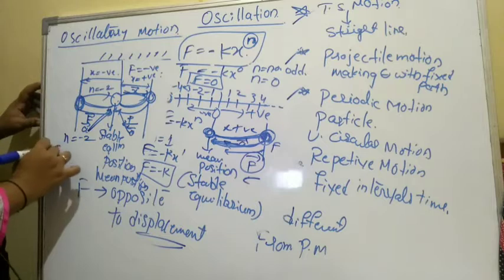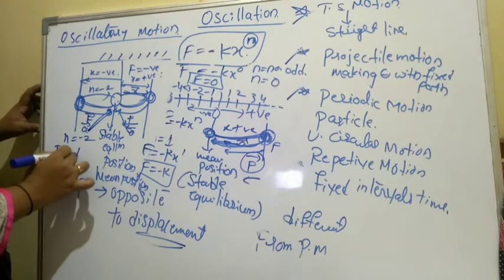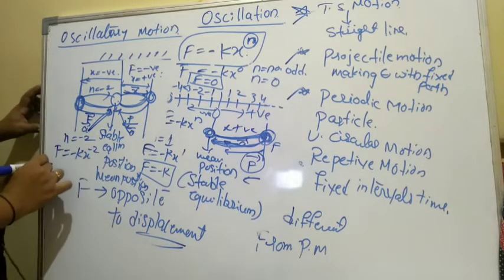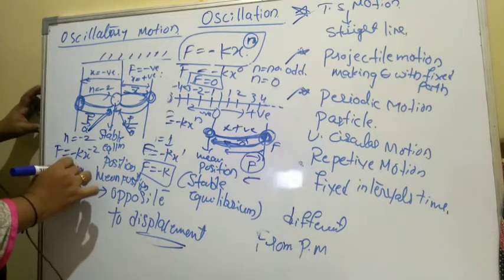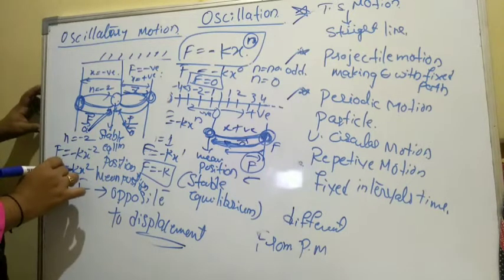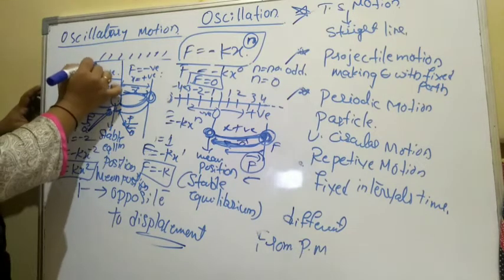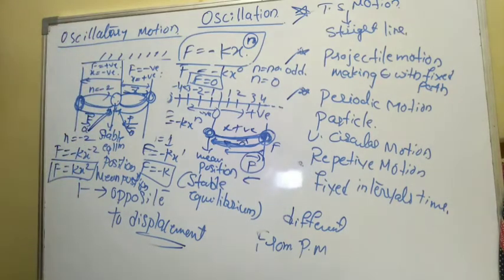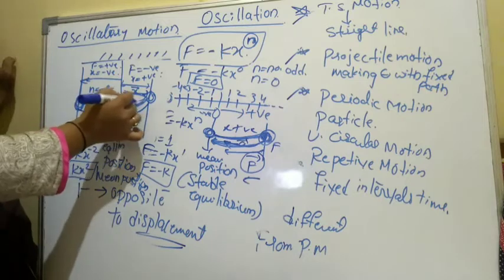Minus 2. So what is the force acting on the particle here? Minus k of x raised to minus 2. So minus and minus become positive. So the force acting on it is plus kx square here. That means F will be positive when displacement is negative. This is only this part of the journey, right?